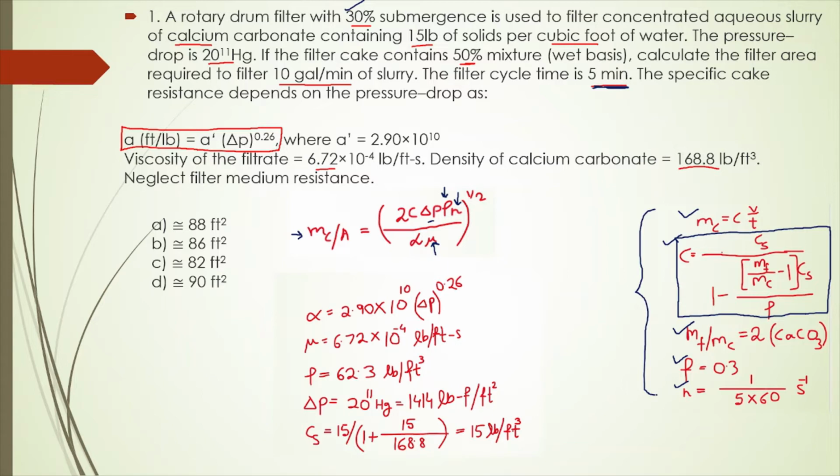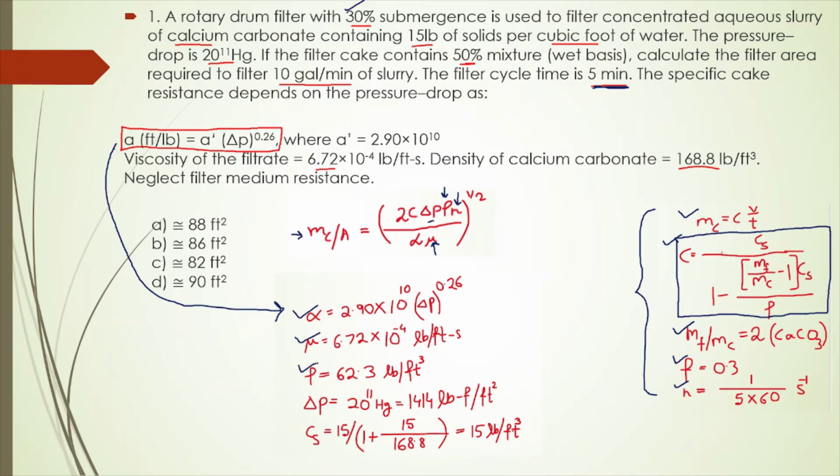So alpha is given to be as 2.90 into 10 to the power of 10 into delta P whole to the power of 0.26. So how do we get the value of alpha? From here. This is already given in the question. Alright, and mu, the viscosity, is also given to us as 6.7 into 10 to the power of minus 4 pound per feet second.